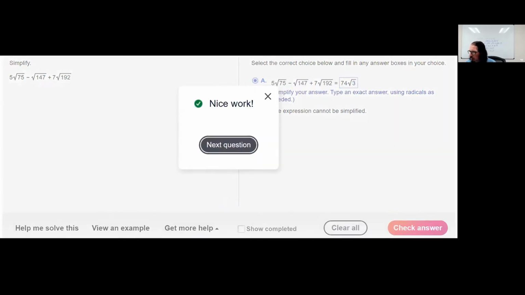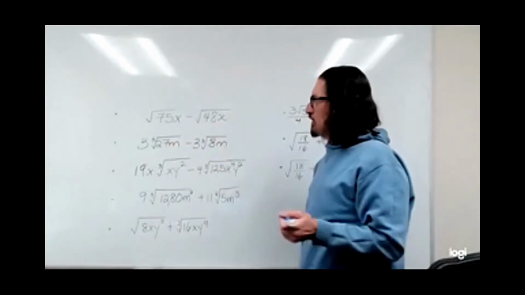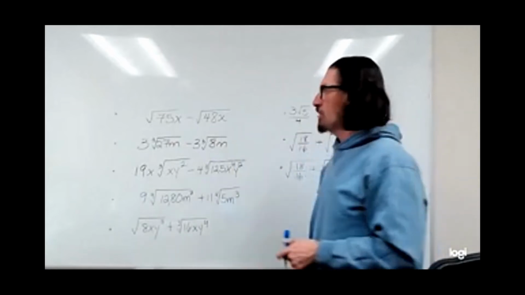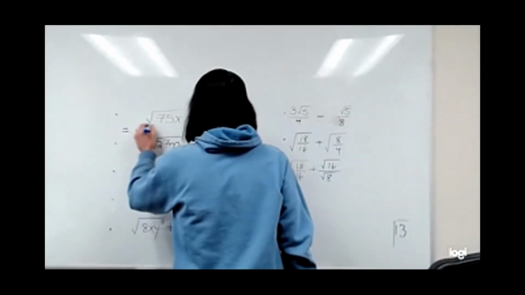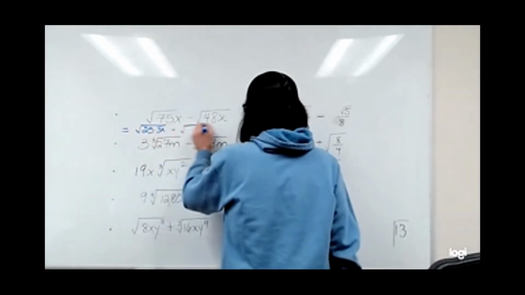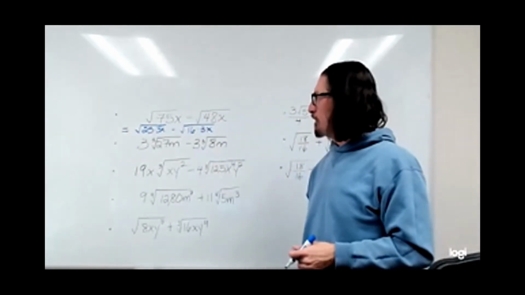And it's good. Looking at square root of 75x minus square root of 48x. As they are currently written, although these are both under square roots, we have different radicands, so they are not like radicals. However, 75 is 25 times 3, and 48 is 16 times 3. The power of x only being to the first power, that's less than the index.